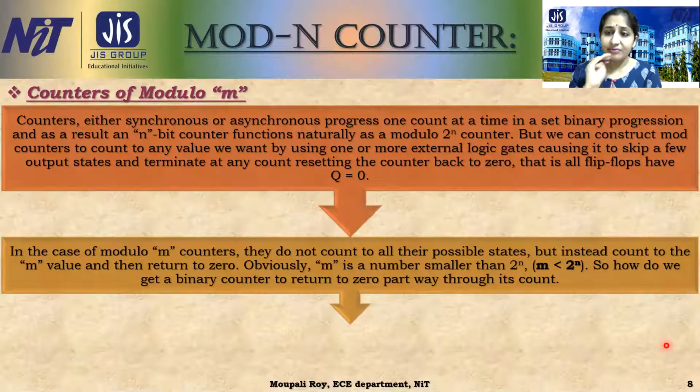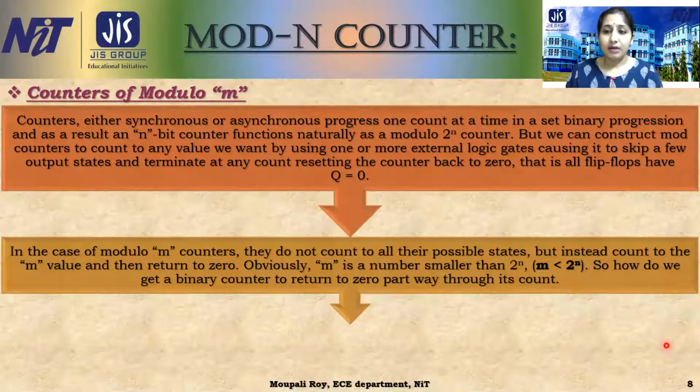That means we start with 0 0 0, 0 0 1, 0 1 0, 0 1 1, 1 0 0, up to this. Then after 1 0 0 we want to return back to 0 0 0. We don't want to count 1 0 1, 1 1 0 and 1 1 1. We want to skip these. So that is for this.